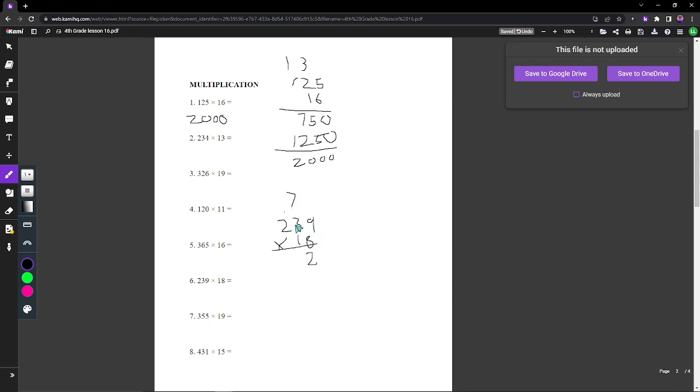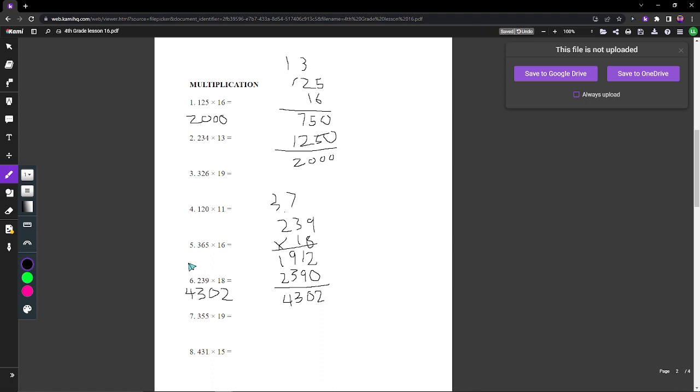Bring the 7 over. 3 times 8 is 24, plus 7, 31. 2 times 8 is 16, plus 3 is 19. And then you add a 0, and then just the exact same thing. So 2, 0, and bring the 1 over, so that's 3, and then 1. So you should get for number 6, 4,302.